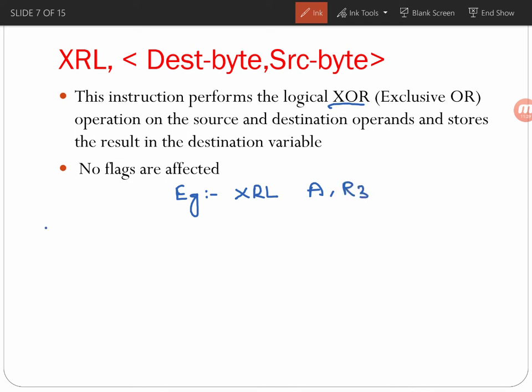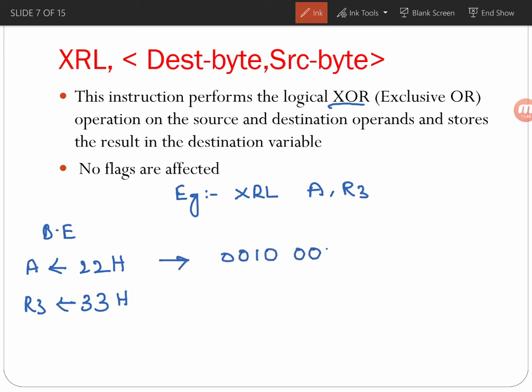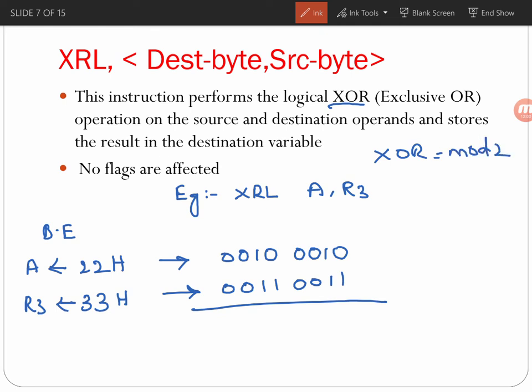So again assume some values. Before execution, A has 22H and R3 has 33H. So A is 0010 0010 and R3 is 0011 0011. The XOR operation is also known as modulo 2 operation.